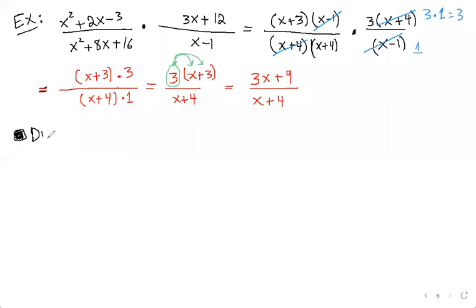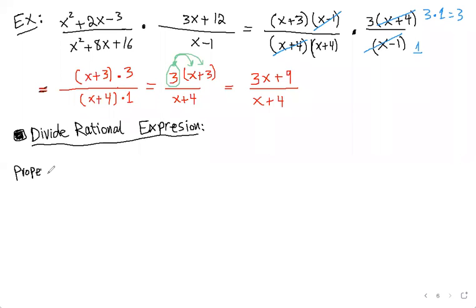So, dividing rational expressions. The property says A over B divided by C over D is exactly the first fraction multiplied by the flip of the second fraction, D over C. The first fraction times the flip of the second fraction.